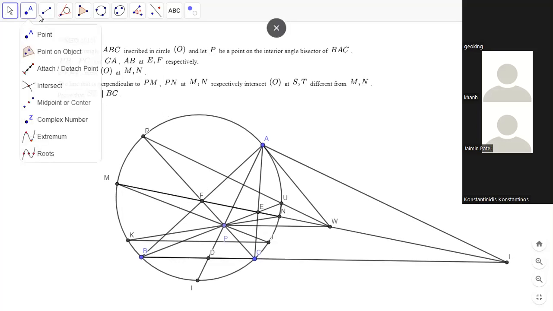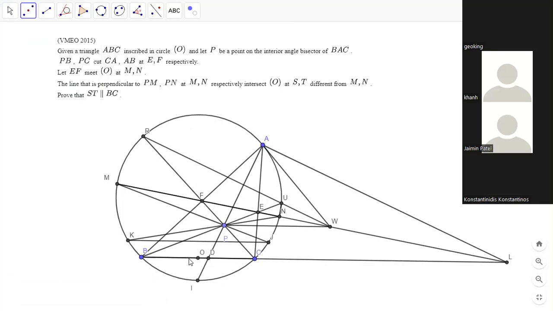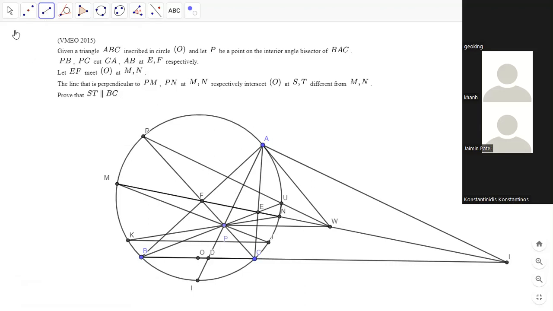So the idea is I will prove that PW is parallel to BC using harmonics. So I will be using this midpoint. Okay. Can you project? Like let PO meet EF at a point. Okay.